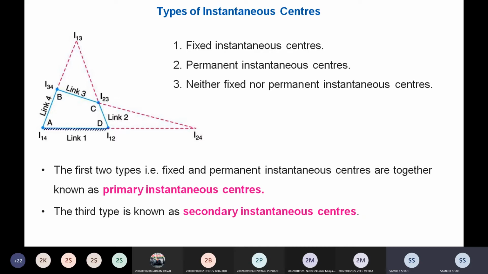Now the centers are divided in 3 ways: fixed I center, permanent I center, and neither fixed nor permanent I center. We will discuss one by one, so it's very easy for you to clear in your mind. If you see the diagram, there is a four-bar chain mechanism, which is very easy to understand.